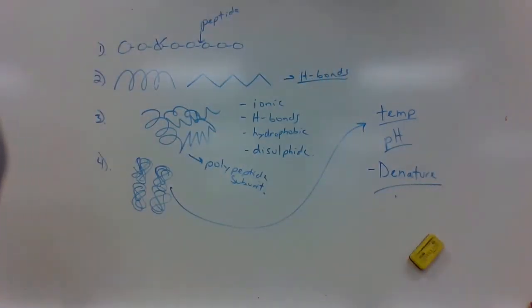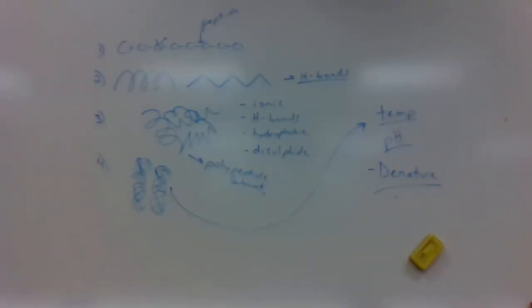So proteins get denatured. That means that all those chemical bonds that are holding it together are broken, and that protein unravels. And when a protein unravels, it's functionally dead. It will no longer do what it's supposed to do. So all proteins work at very specific temperatures, very specific pHs.